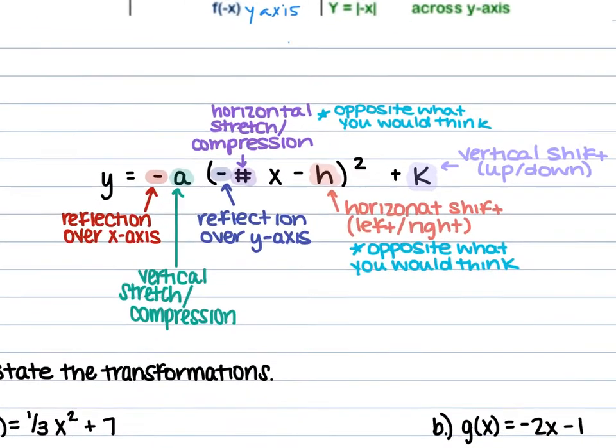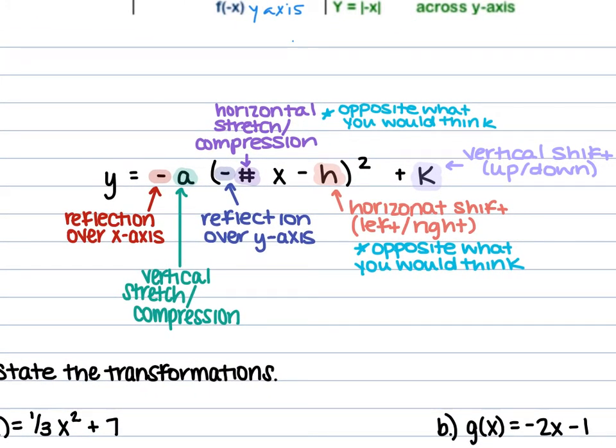Okay, so here's a little example on what each thing that happens to our function does, on how it affects our function. So we see that if we have a negative on the outside, that means it's a reflection on the x-axis.